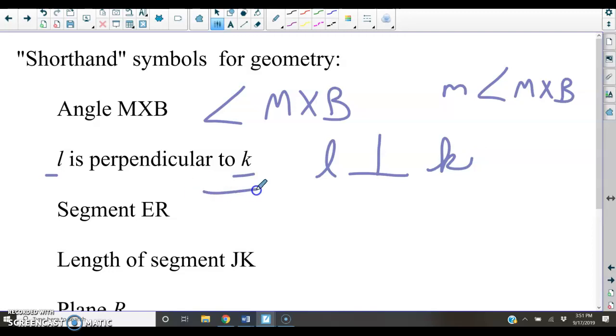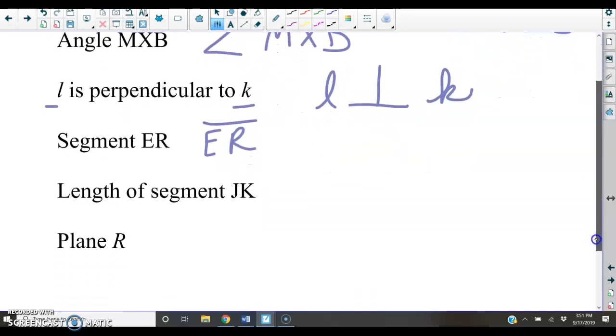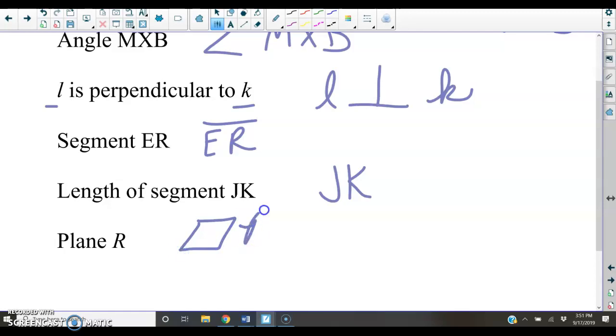Segment ER, when we're actually talking about the segment itself. But if I'm just talking about the length of the segment, I don't put an M in front of it. I just put JK. So JK is saying the length of that segment. And then for a plane, we usually put a parallelogram in front of it.